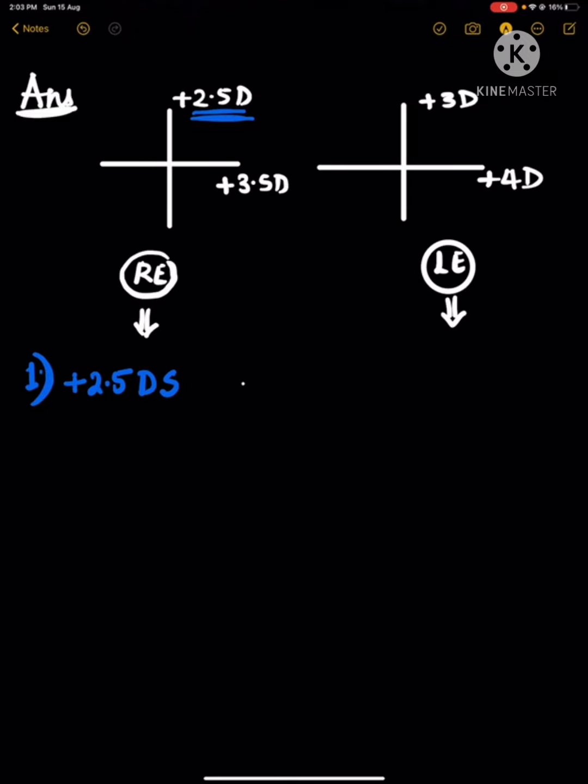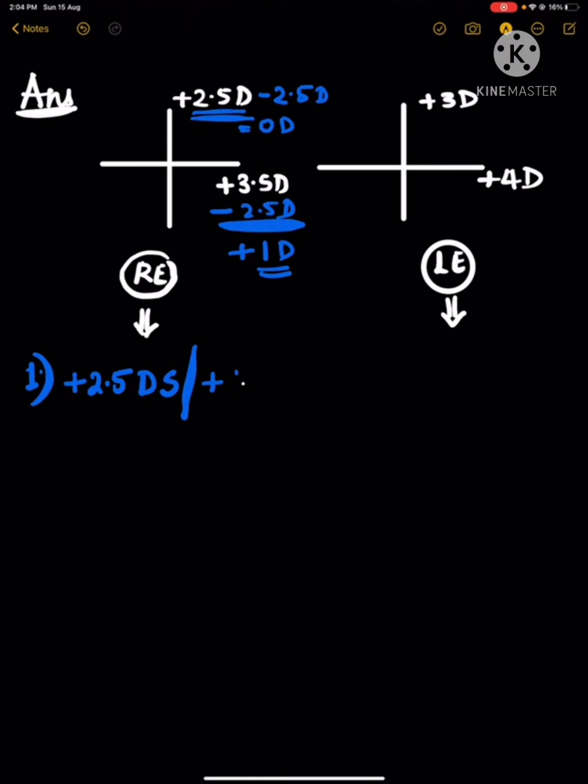So once I've written here, I have removed plus 2.5 from all the meridia. It is basically minus of plus 2.5D. So this becomes 0. Now when I remove 2.5D from here, only plus 1D remains, right?